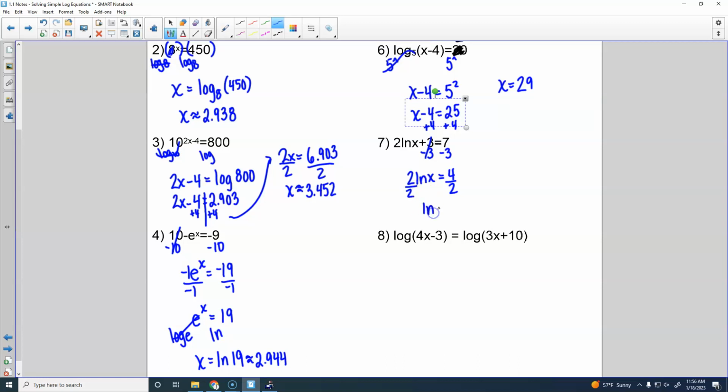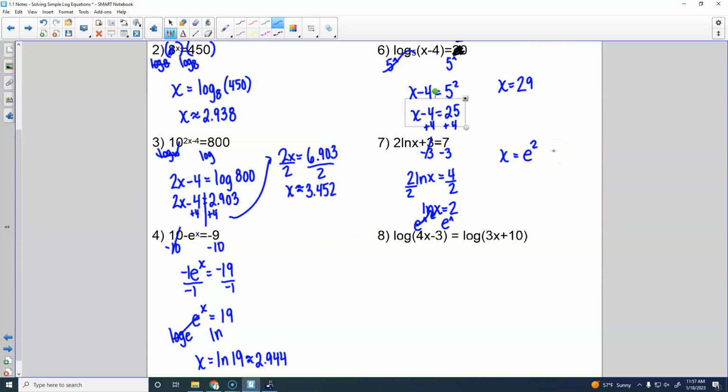So natural log of x equals 2. Now I've got it down to where the natural log is by itself. How do I get rid of a natural log? The base on a natural log is not written, but it is an e. So you're going to do e to that power on both sides. The natural log and the e cancel out. You just have an x on the left side, and it's going to equal e squared.